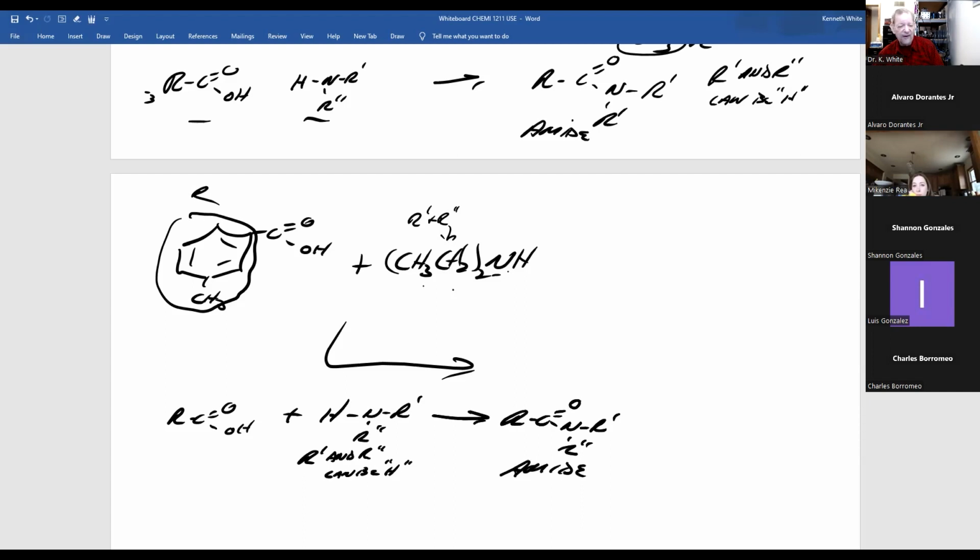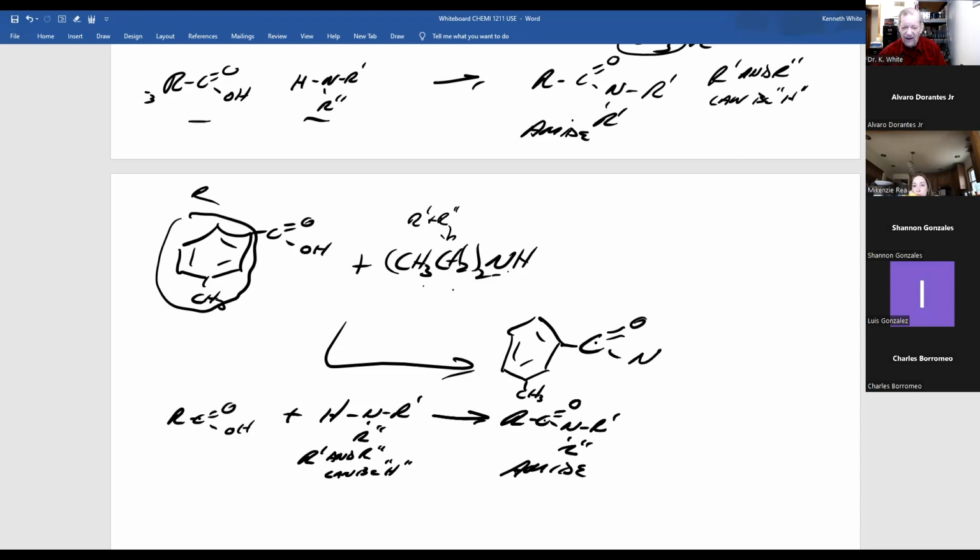So if I look at my carbonyl here, this one right here. What's R? This benzene ring with a methyl group, called the tolyl group.